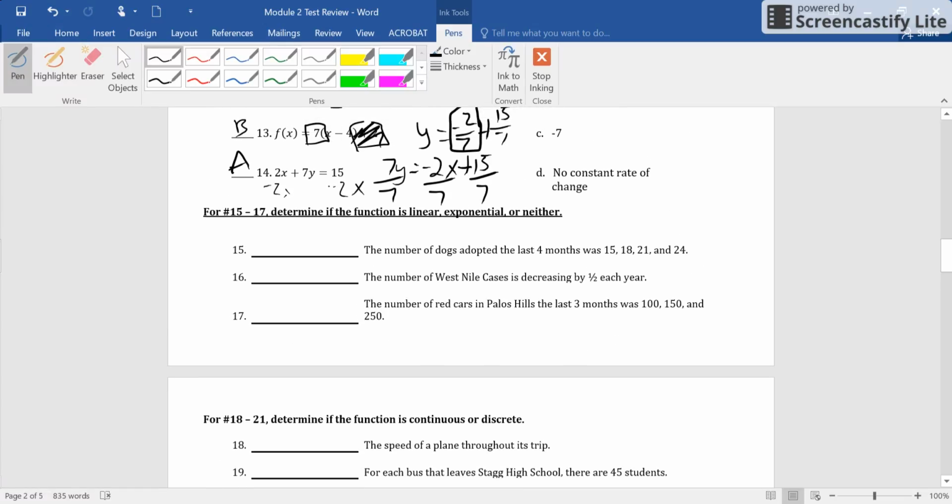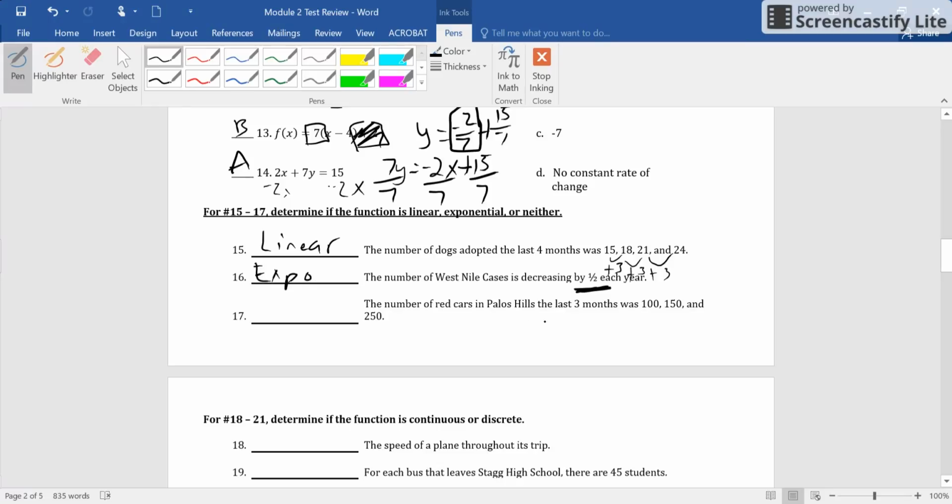Okay, 15 through 17, the number of dogs adopted last 4 months was this. Okay, this looks to be increasing by 3. So that's going to be linear. The next case is decreasing by 1/2. Anytime it decreases by 1/2, I know it has to be exponential.